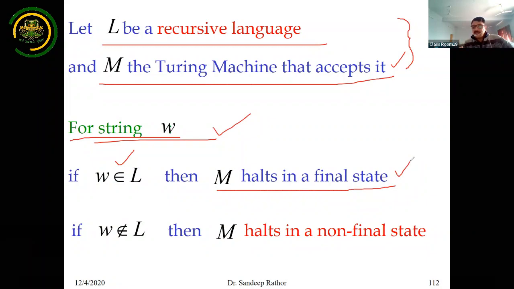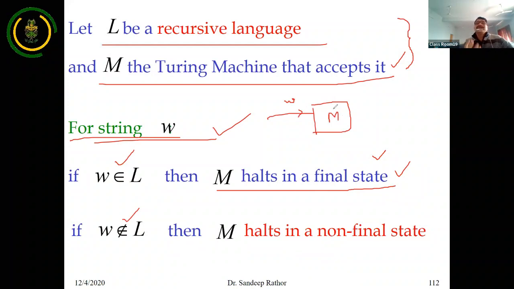It means if the machine accepts W, it will reach the final state. And if W does not belong to L, meaning the string does not belong to the language, then the machine halts in a non-final state. This is the simple example. The same thing can be drawn with a diagram also. If W is passed to the machine, whether it is accepted or rejected, no problem, but there should be a clear-cut answer.